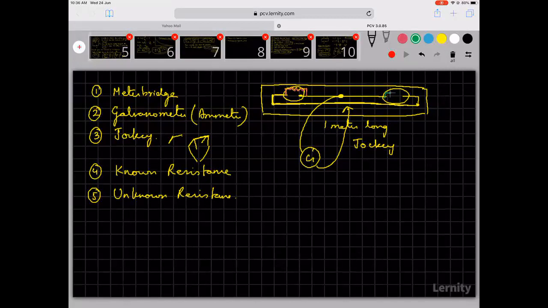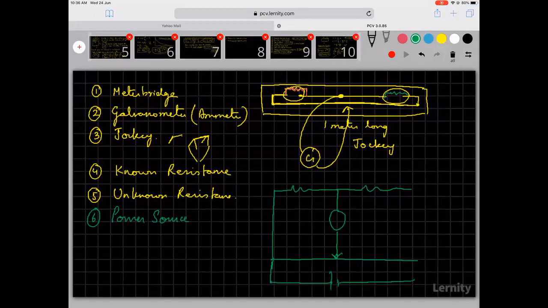So you will have one resistor, and another resistor. From the middle, you have a galvanometer connected, and there's a wire. So now you are connecting this end to this wire. Now here you will have a power source. So there is a power source required.